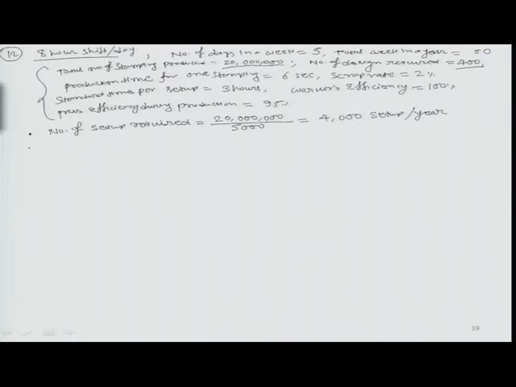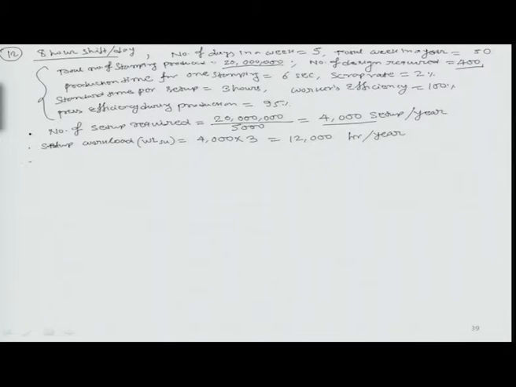Now, the setup workload is the total number of setups required, 4000 per annum, multiplied by our standard time per setup, that is 3 hours. So, it will equal 12,000 hours per year.